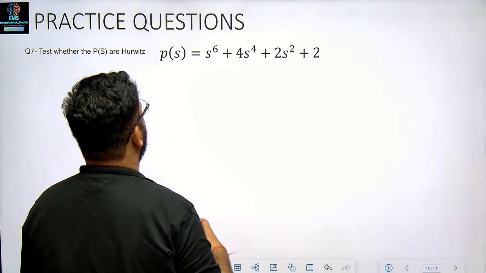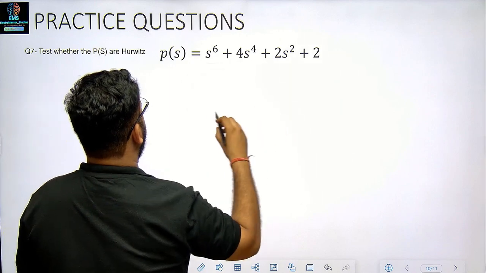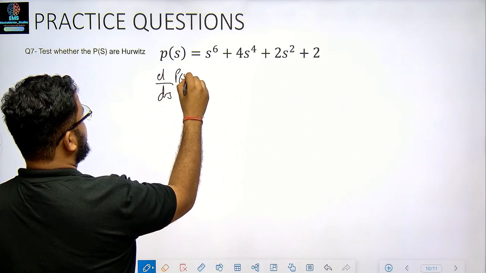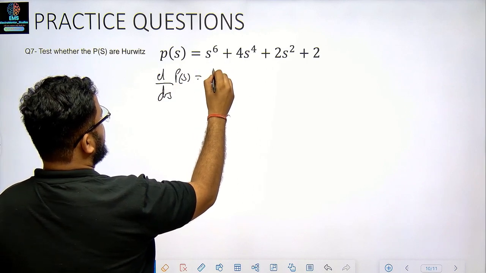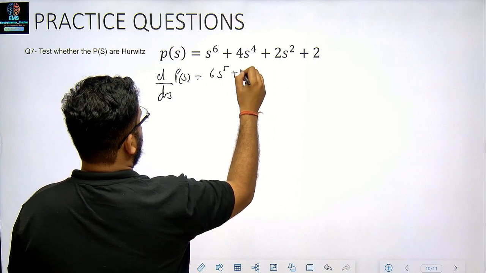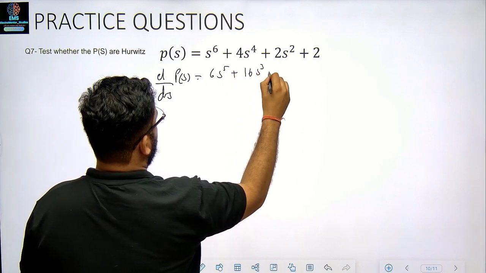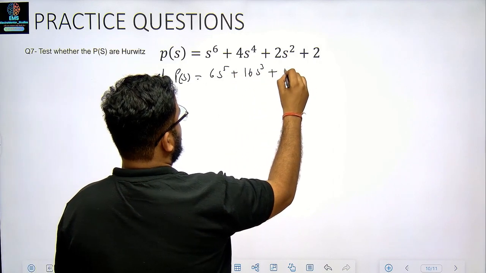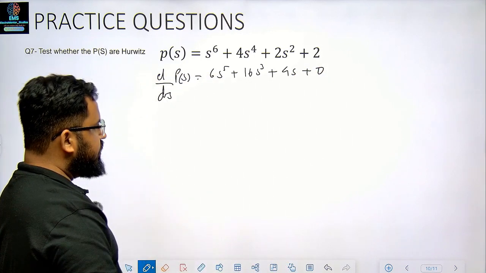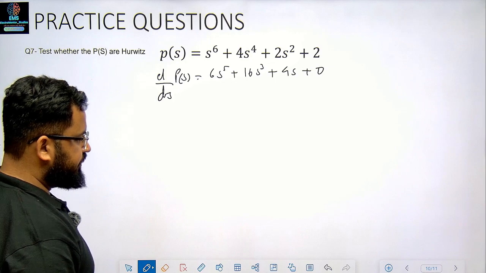So we have this another question. We have all even terms. So we need to calculate d by ds of our ps. This will give me 6s^5, this will give me 16s cube plus 4s plus 0. Okay, so we have got the terms.